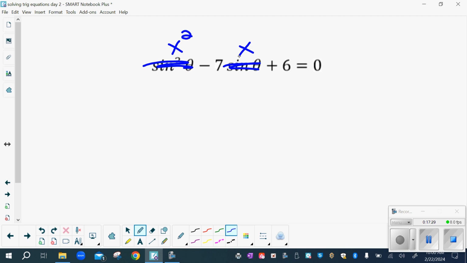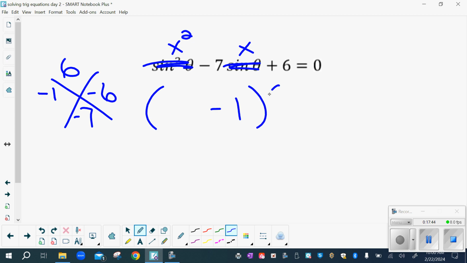But you've got to let those words get out of your head because it's just like, oh, there's too many of them, right? Factors of 6 that make -7, -1 and -6. So I'm going to do this, throw in the word sine, throw in the word sine.